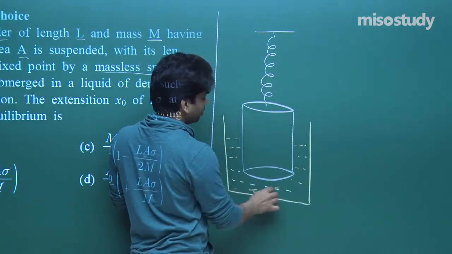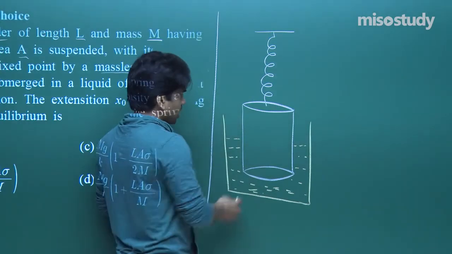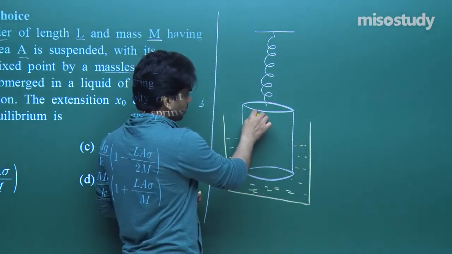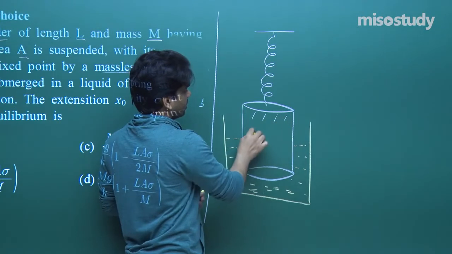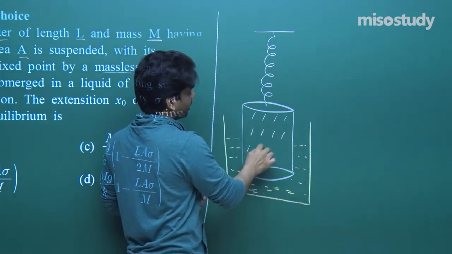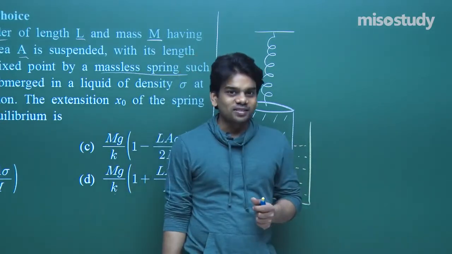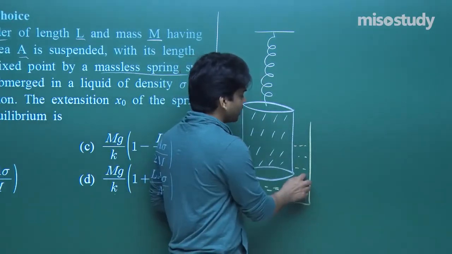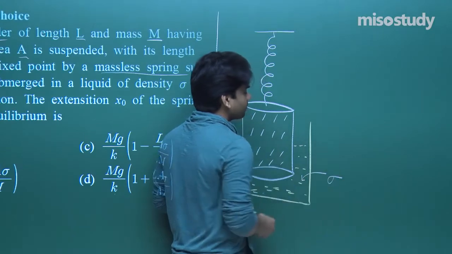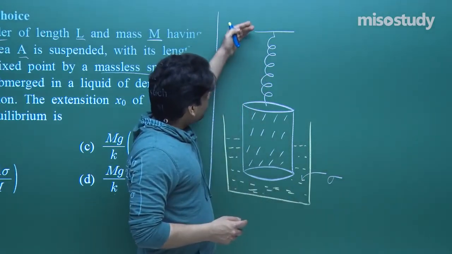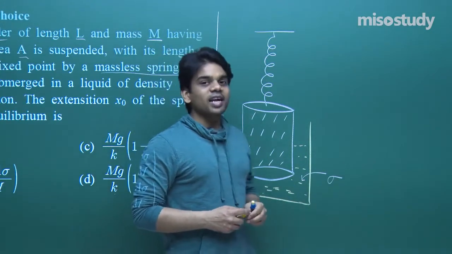And now it's in equilibrium. This part is the entire cylinder, so let me show the cylinder differently. Now see the things that have been provided to us: the density of the liquid is given as sigma, and now the extension in this spring is what we need to comment on.